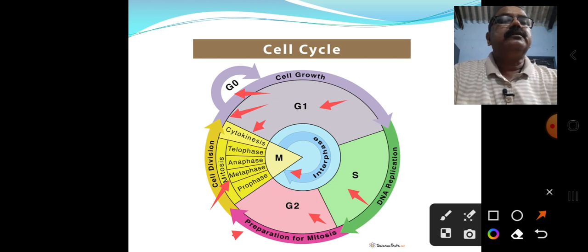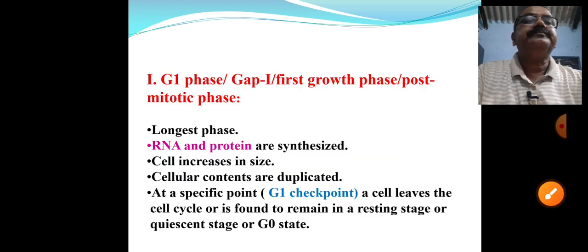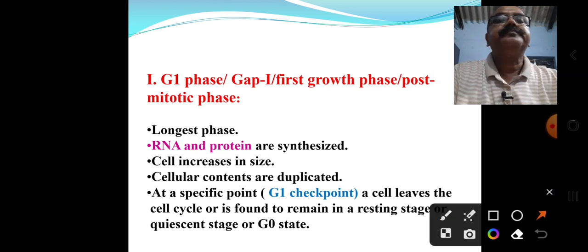Let us go to the details of the cell cycle. Here we will find the first phase, which is the G1 phase or first gap phase or first growth phase or post mitotic phase. It is the longest phase where RNA and protein are synthesized.